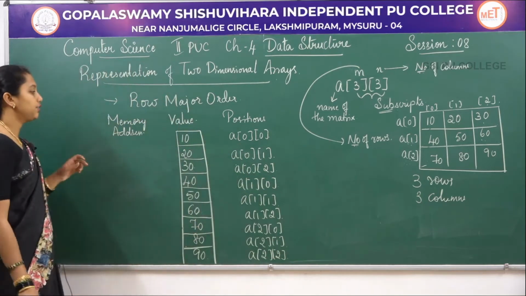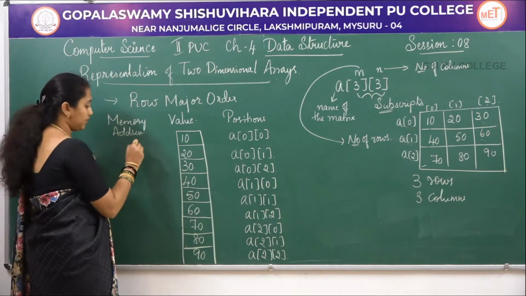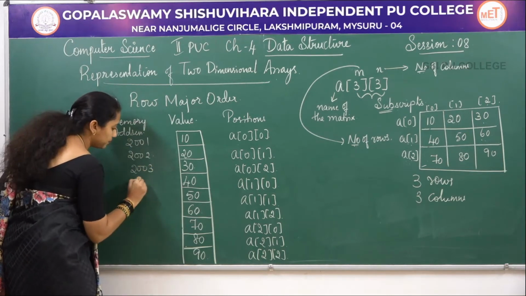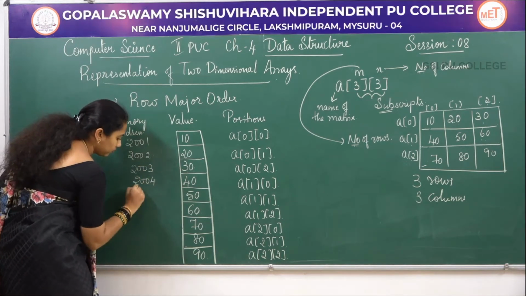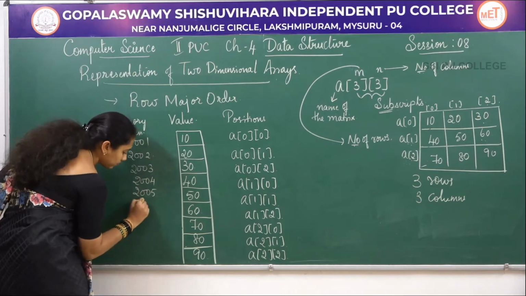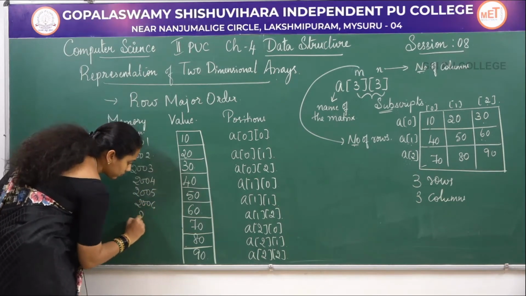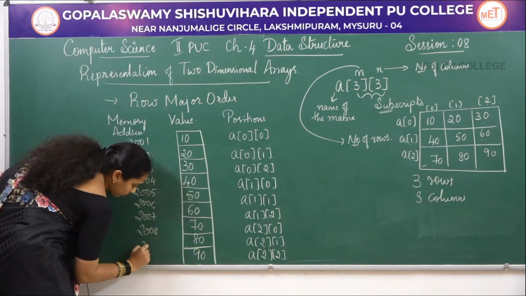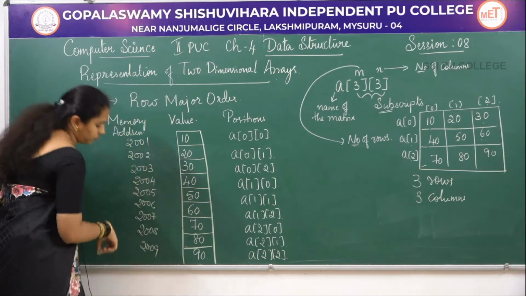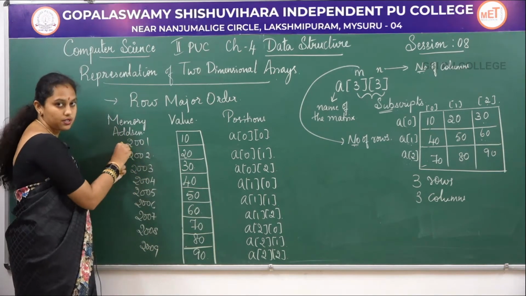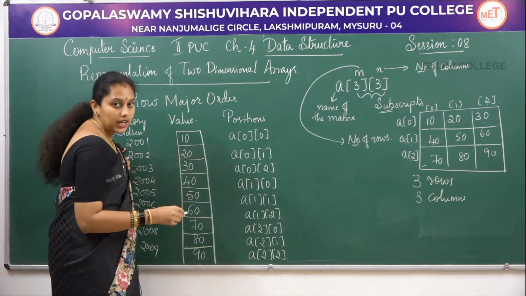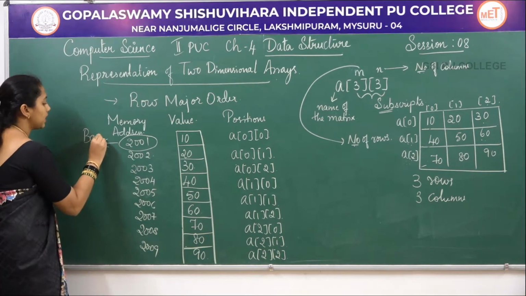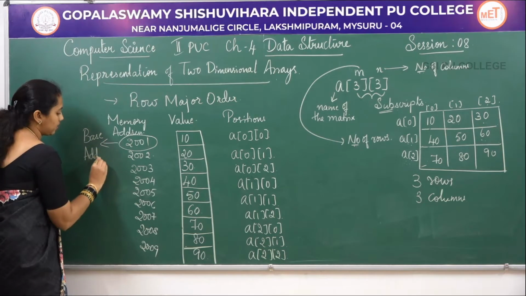Consider the first value stored at memory address 2001. This first address of the elements in an array is called the base address.